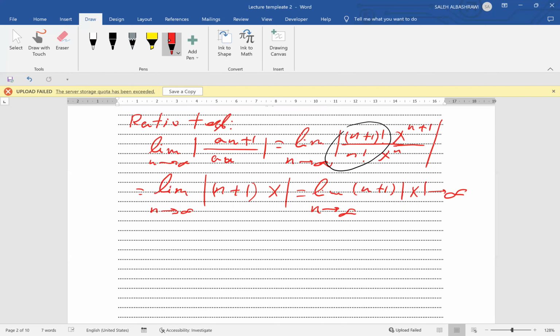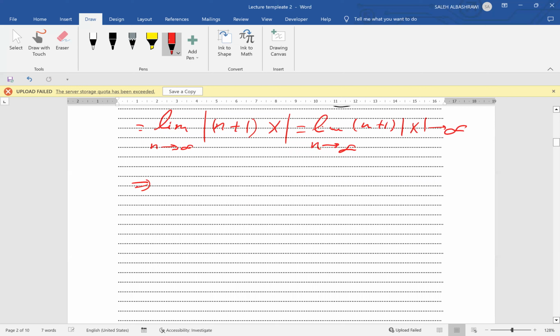Which means this series converges only if x equal to 0. Or we can say more generally, when x is not equal to 0, it will diverge.